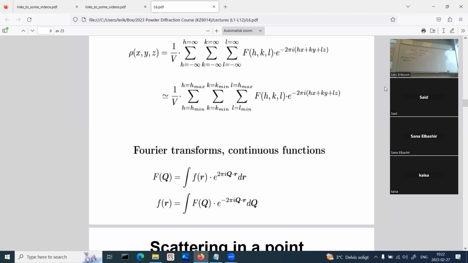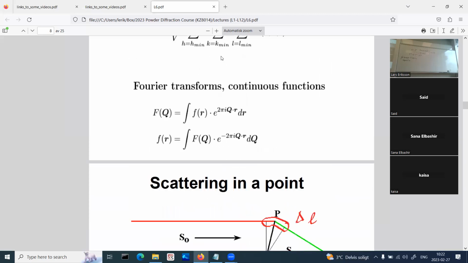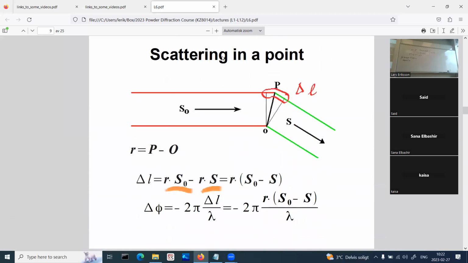You only need to measure the intensity there, at the reflection. But sometimes you may not have scattering can occur, for example, in a point.